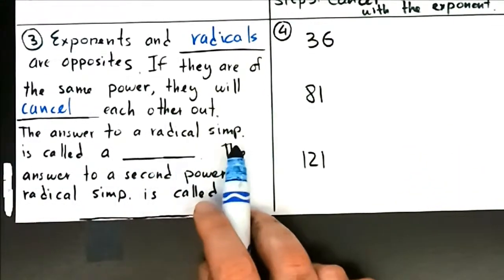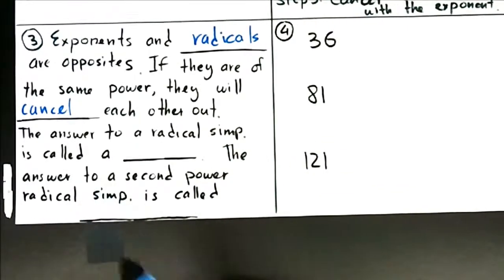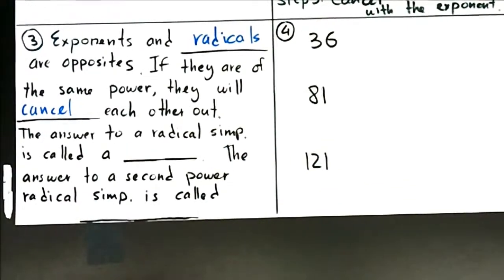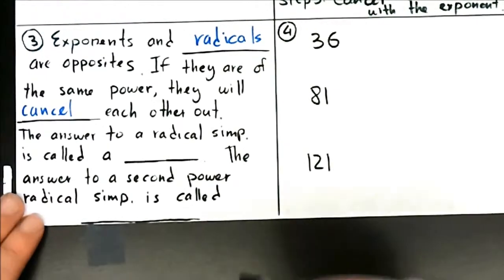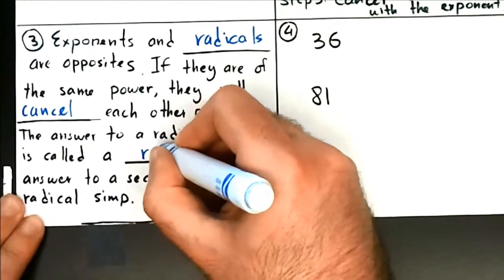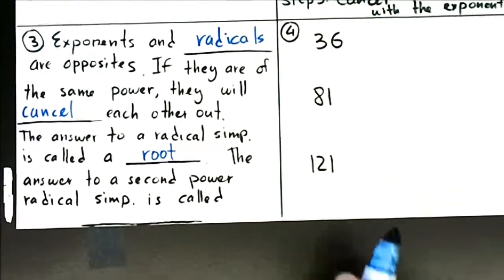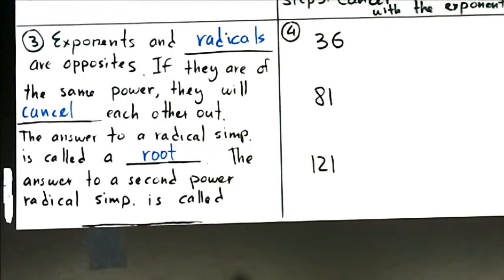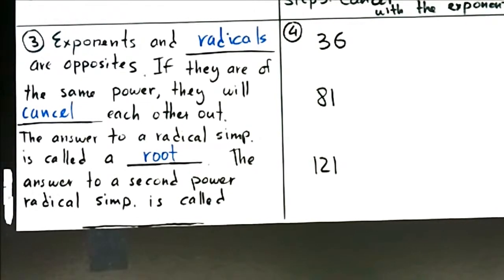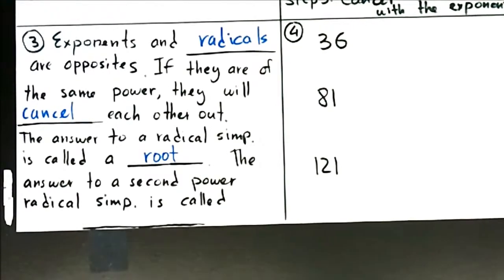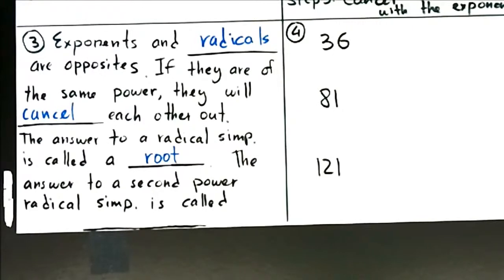The answer to a radical, and here I did have room, so its simplification is called what? What's the answer to a radical problem? We call them roots. A root is an answer to a radical problem. The answer to a second power radical simplification is a specific type of root, and we give it a specific name.